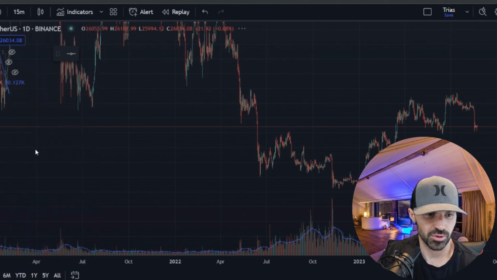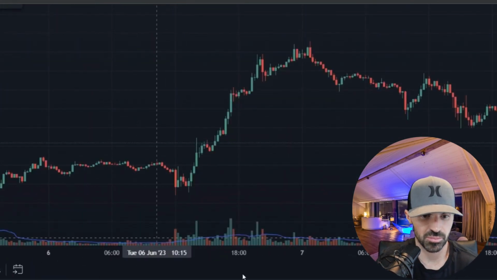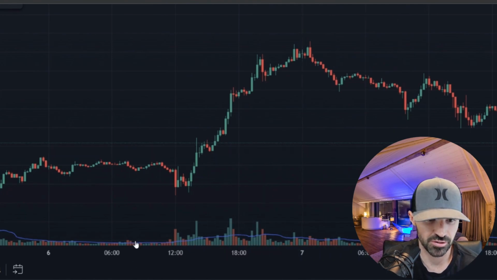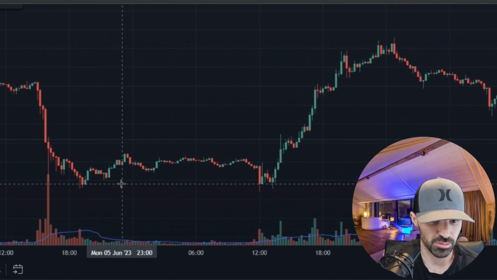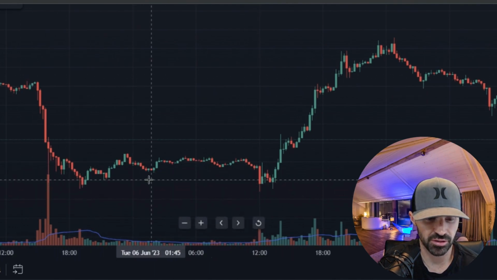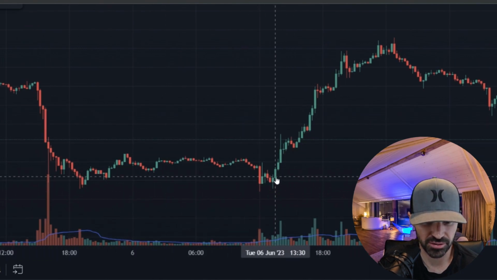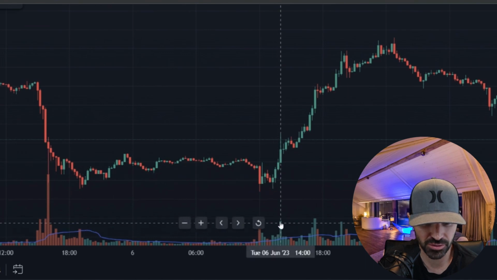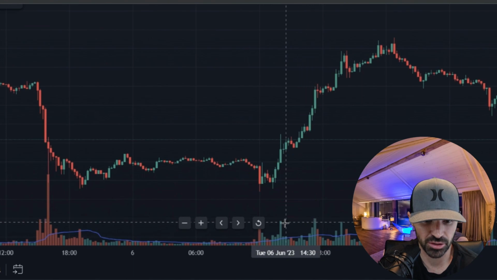So we go back to the 15-minute. This is another good example here on the 15-minute chart. As you can see here, it looks like there was a double bottom, and that's obviously a sign of a bullish reversal. As the price broke out here, volume started to come in, and the next green bar was even bigger than the last one.